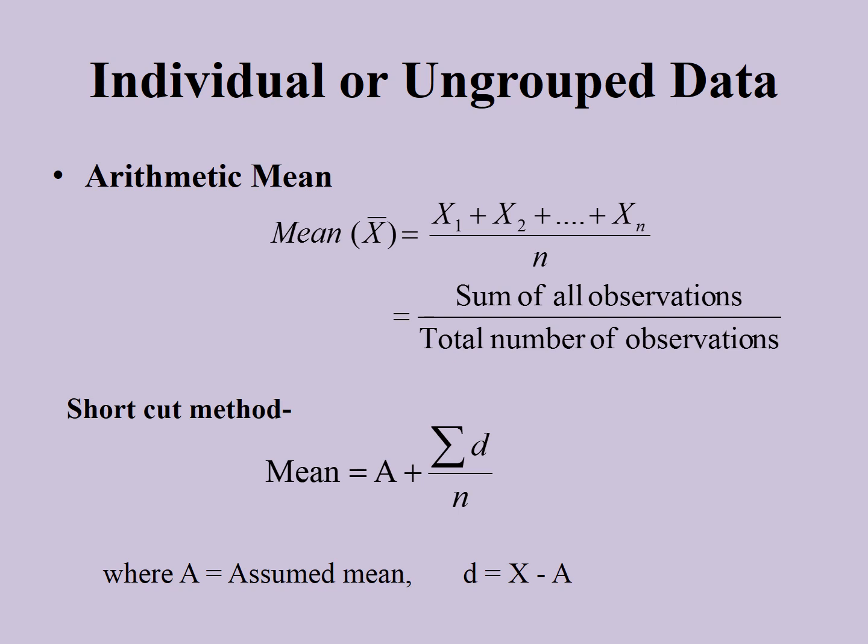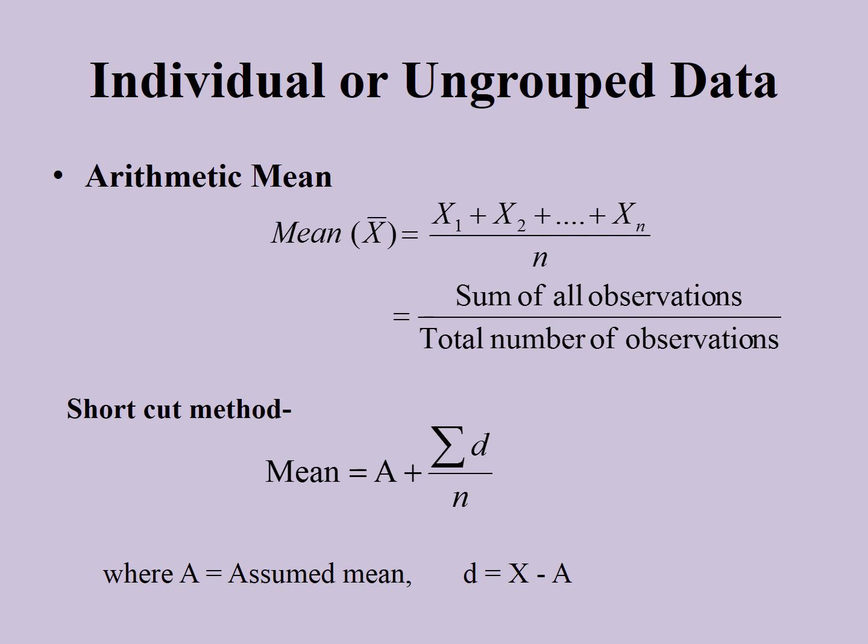So by this shortcut method, you have to assume one value among the observations. For example, for your class, you have to assume one of the values, that is the weight of one of the students. After that, you have to find out the difference of the rest of the students' weights from that assumed weight.